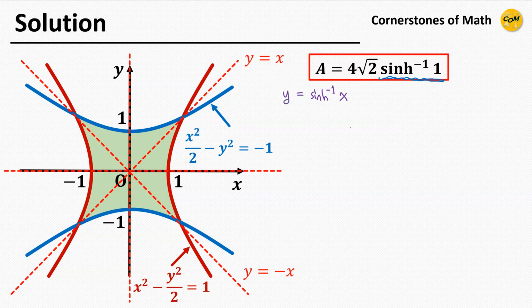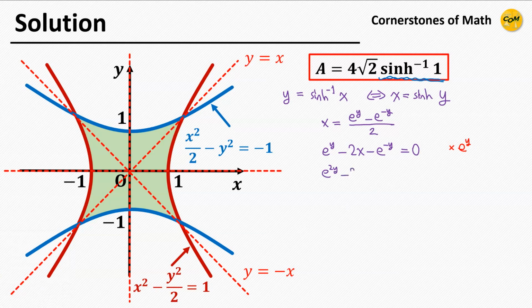If y equals inverse hyperbolic sine x, then x is equal to hyperbolic sine y, meaning that x equals e to the power of y minus e to the power of minus y over 2, or e to the power of y minus 2x minus e to the power of minus y equals 0, or if you multiply by e to the power of y, we have e to the power of 2y minus 2x e to the power of y minus 1 equals 0.